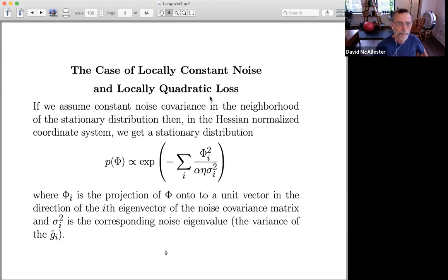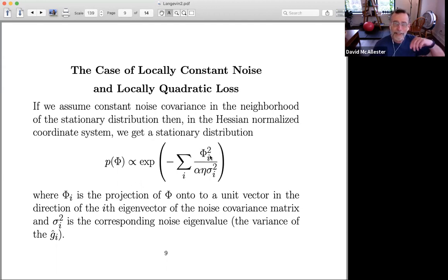And if you put all of your coordinates in that coordinate system, you can measure the variance in terms of coordinates that are aligned with the eigenvectors of the noise. So take the covariance matrix of the noise, take its eigenvectors, but assuming that the loss function is just the norm squared of the coordinates.